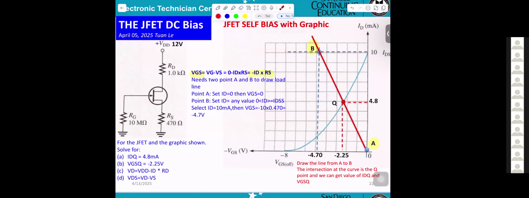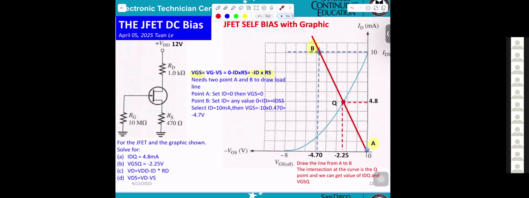And now you draw the line, it intercepts the curve at the point Q here. And at the Q here, you go right, you get ID. You go down, you get VGS. Okay? You can see that it's a very simple way.